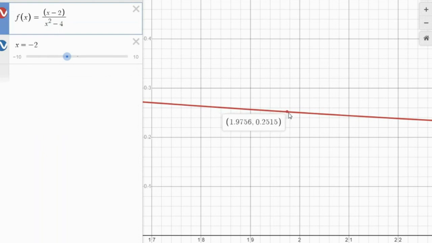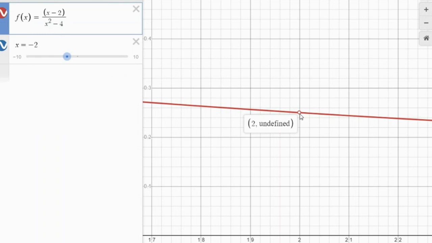If I get this mouse over here to where it's 2, oh, it does not exist right there. Look, it changes it to a hole in the graph. It is not defined at 2. We said x cannot be 2 for this equation. So Desmos knows that, but if you don't click on it, you won't see it on Desmos. So it can fool you.